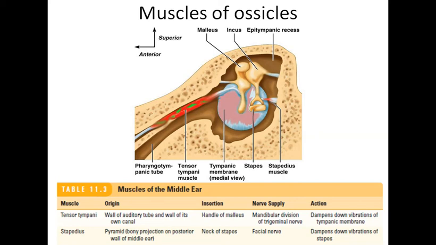Then the middle ear has two muscles, tensor tympani and stapedius muscle. We just talked about both of these, right. Which one did we have in the anterior wall? Tensor tympani. And in the posterior wall we had the pyramidal opening for the stapedius muscle, right. So the tensor tympani muscle originates from the wall of the auditory tube and the walls of its own canal, the canal for tensor tympani.